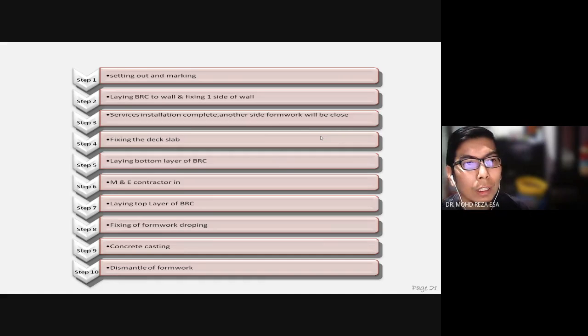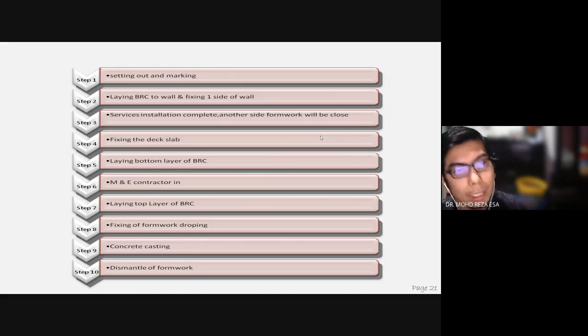So you kena make sure the panel ataupun the side of the panel sheeting has been fixed properly, and then again lay the BRC. Kalau ada M&E punya requirement, services, mechanical and engineering and electrical, so you have to allow the contractor responsible for it to install all the M&E requirements.